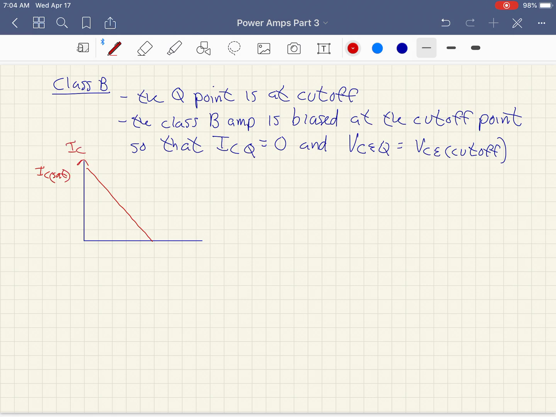Remember, this axis is IC, this axis is VCE, this is VCE cutoff. Our Q point is right here. That's where we place our Q point. So that's the operating point for the transistor. So it's biased to operate at that point.